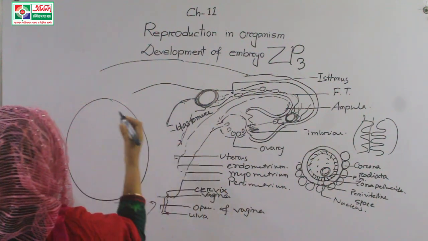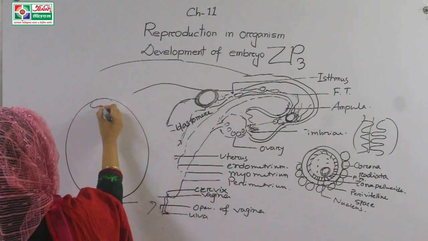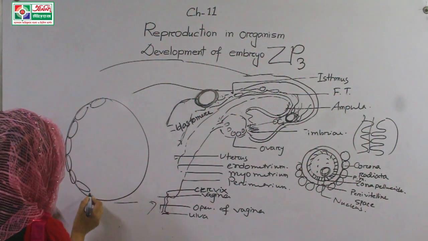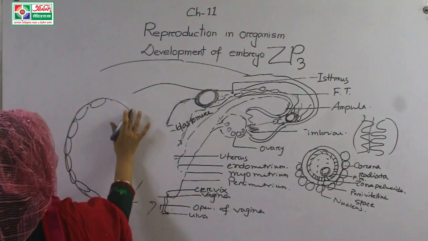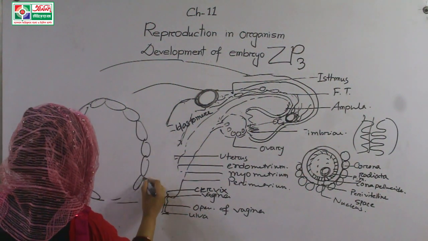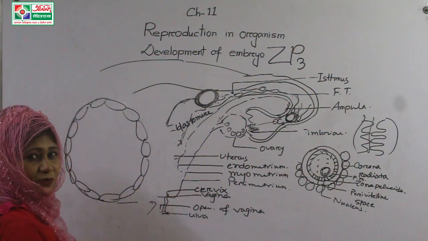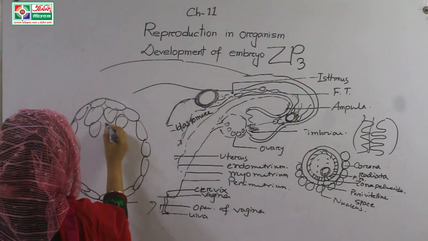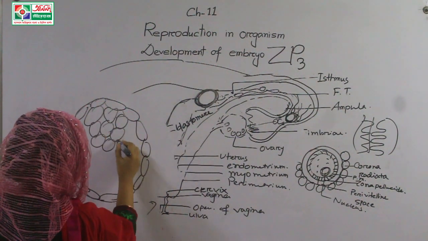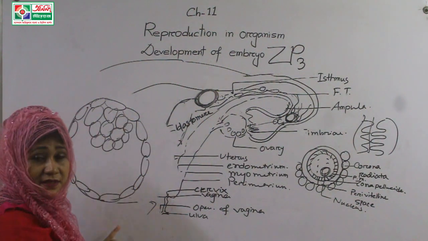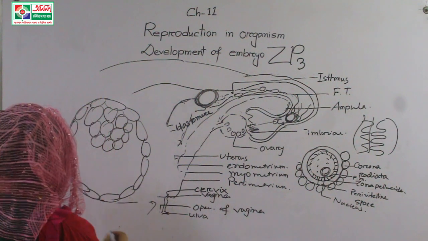So I am explaining this in detail. These are the outer cell mass, and these are the inner cell mass. And this is a 32-cell structure.